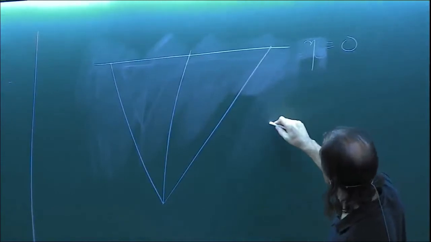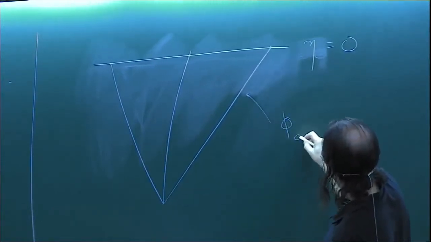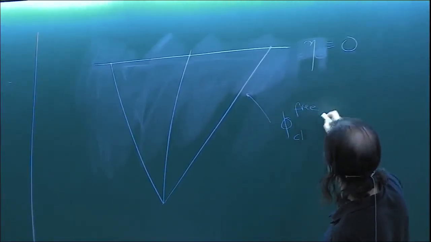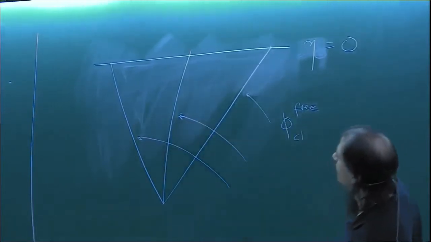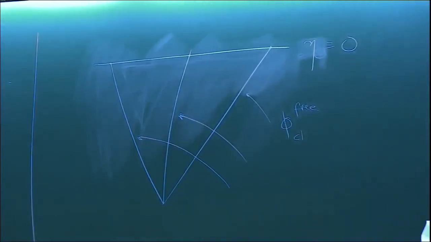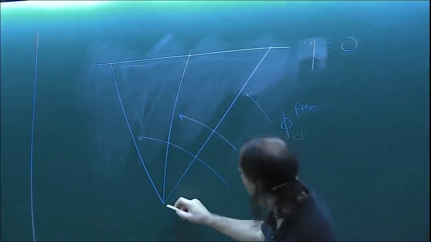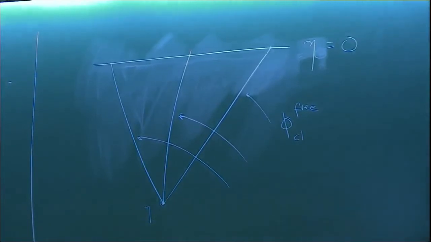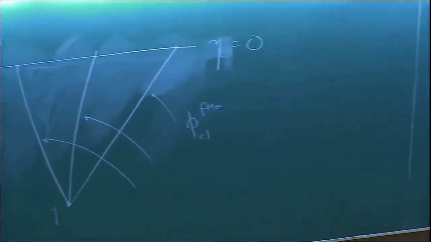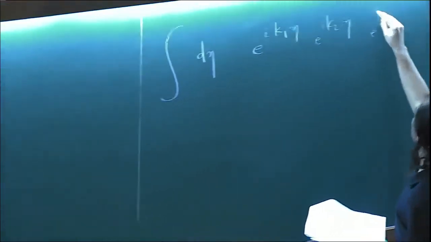Okay, so I'm drawing this so that there's a phi classical free cubed. Each one of those is a factor of phi classical free. So for instance, from here, what I would get is an integral d eta, and each one of those phi classical frees is e to the I k1 eta, e to the I k2 eta, e to the I k3 eta.